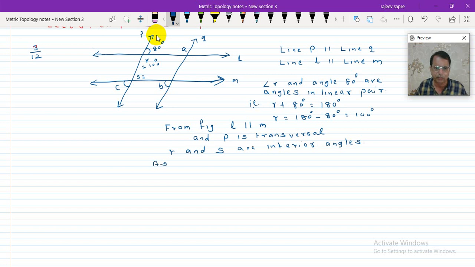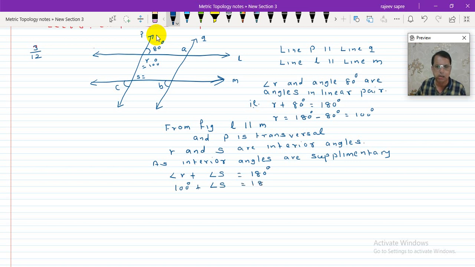So as interior angles are supplementary, angle R plus angle S is 180. But now what is R? That means 100 degrees plus angle S is 180 degrees.